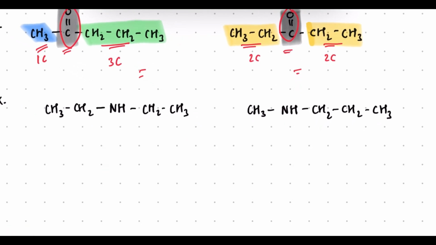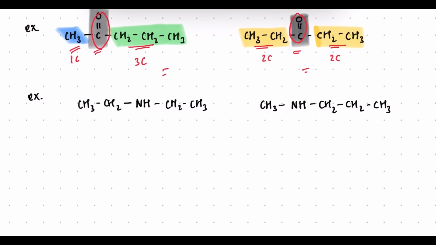So let's go into this example. We first have to identify what our polyvalent functional group is, and that's this. This is our polyvalent functional group. Now let's identify the alkyl groups attached. So there's this one and this one, both are identical. And we've also got this and this.